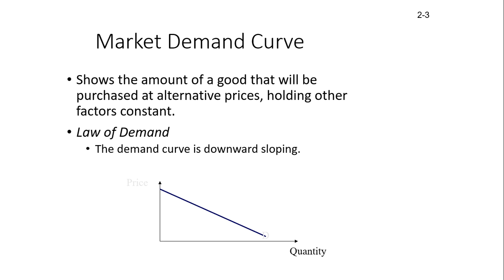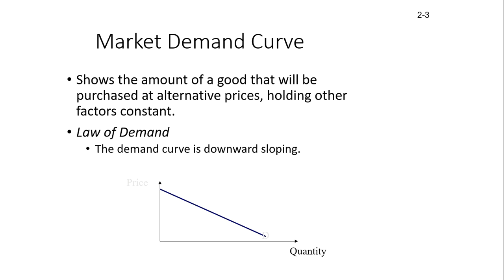This negative relationship comes about because when the price is on the higher side, we expect demand to be on the lower side. When price is on the lower side, we expect demand to be on the higher side.